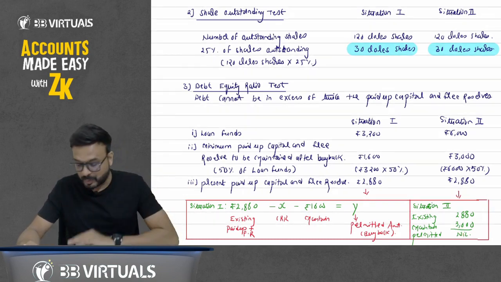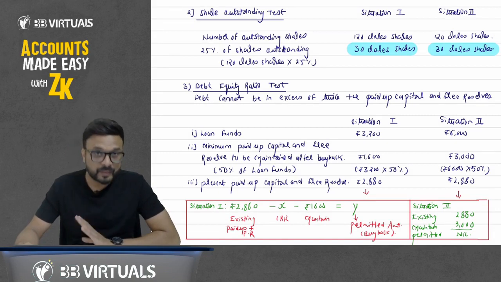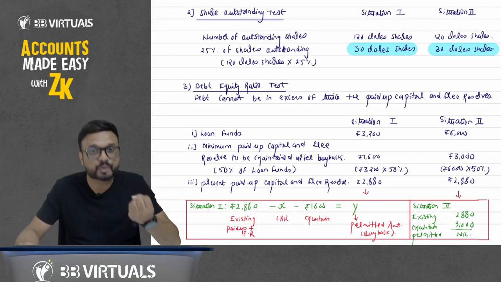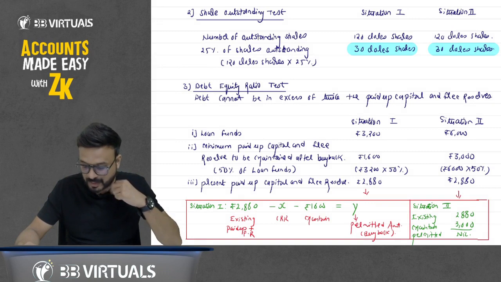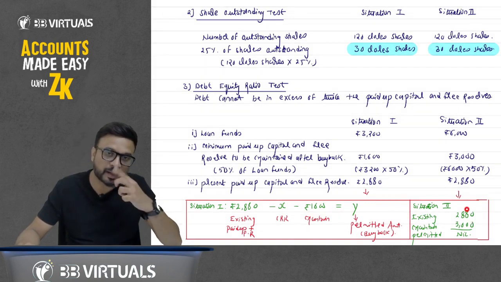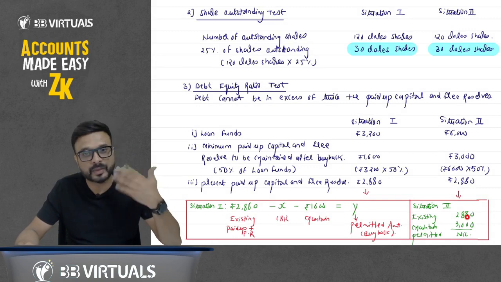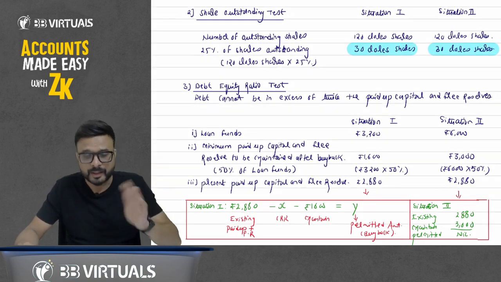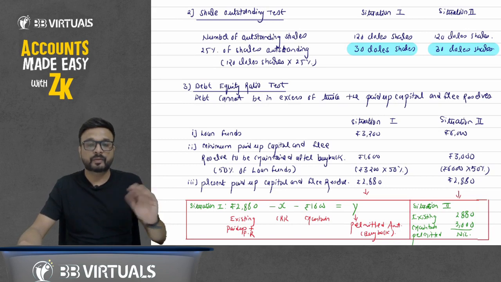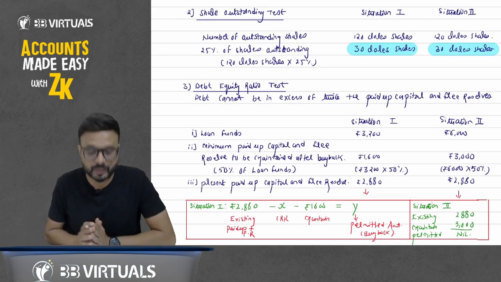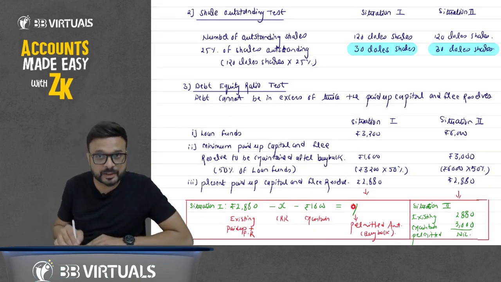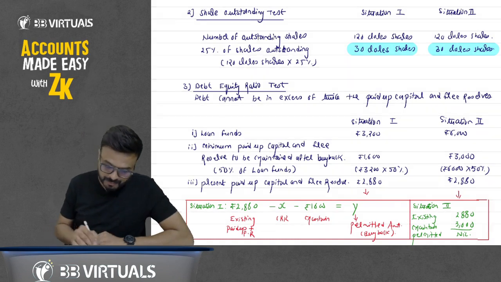Why 0? Because their existing paid up capital is lower than the minimum they should maintain. Therefore they cannot do buyback. Under situation 1 we have to solve by simultaneous equation. This is just for your reference.